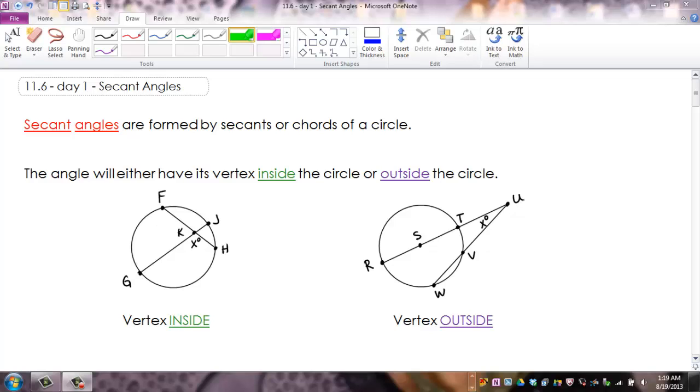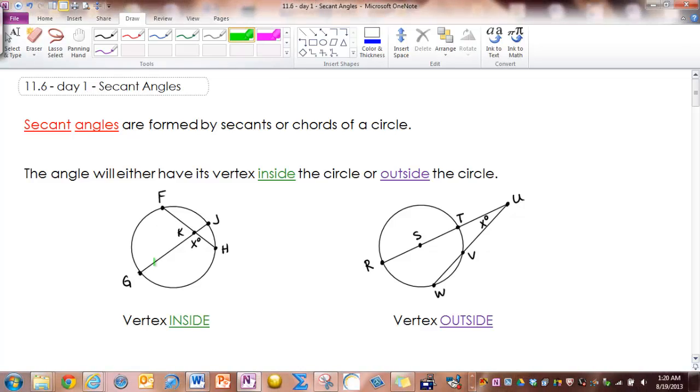Secant angles are formed by secants or chords of a circle. The angle will either have its vertex inside the circle or outside the circle. Now in the first diagram we have two chords crossing so that they form an angle that we're looking for that is inside the circle.